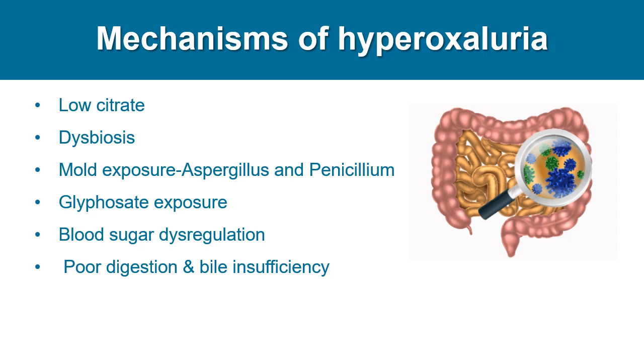And these are commonly prescribed antibiotics, even with children. So as a result, we do see a huge amount of people, especially in the Lyme community, who've taken these antibiotics, and they're dealing with high oxalates as a result of the treatment that they have done for Lyme.